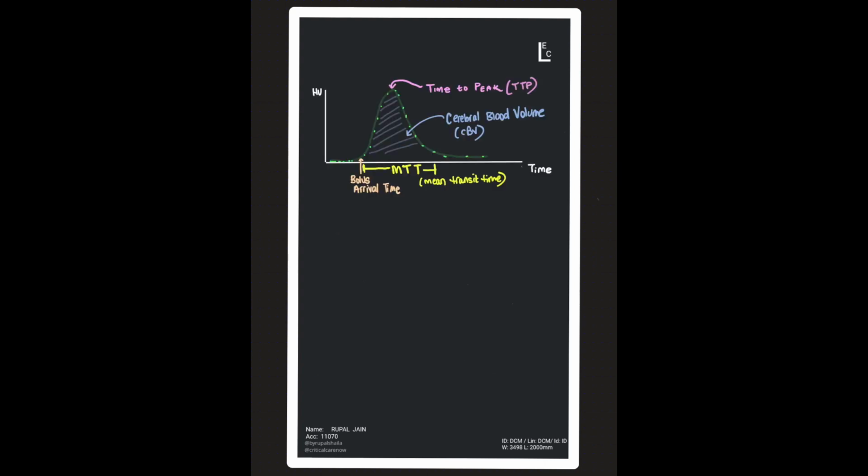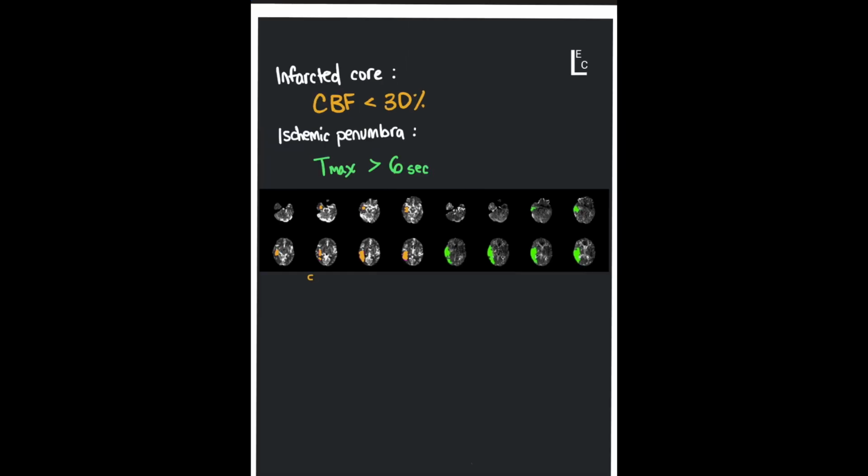By the way, different post-processing softwares are going to use different combinations of cerebral blood flow, cerebral blood volume, Tmax, TTP, and MTT to define what is core versus penumbra. Don't worry about that. Let's focus on this one example that I provided you of a CT perfusion map in which core is defined by reduced cerebral blood flow by 30%, and penumbra plus core will have a Tmax greater than 6 seconds.